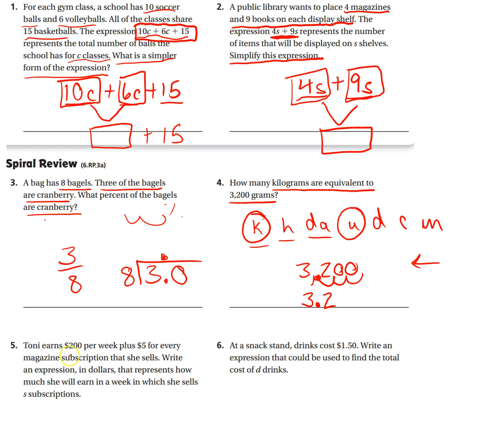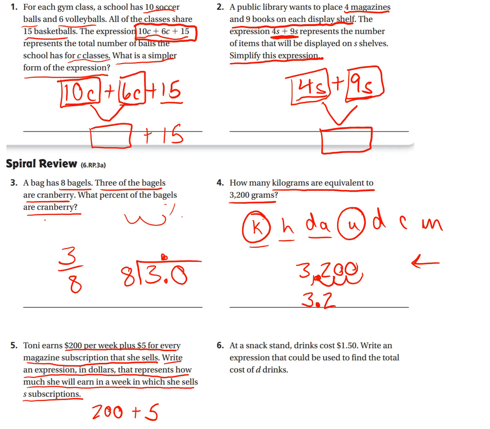Okay, number 5. Tony earns $200 per week plus $5 for every magazine subscription that she sells. Write an expression in dollars that represents how much she will earn in a week in which she sells S subscriptions. So, in 1 week, she's going to get $200 plus $5 for every subscription.